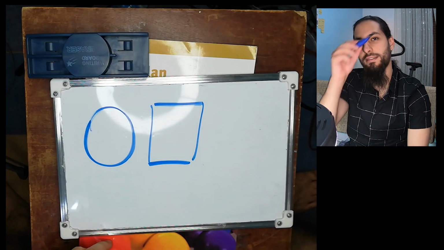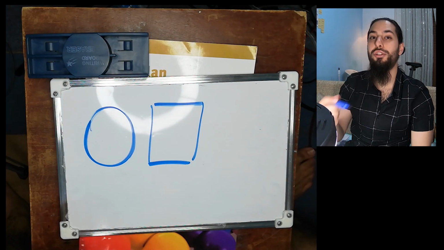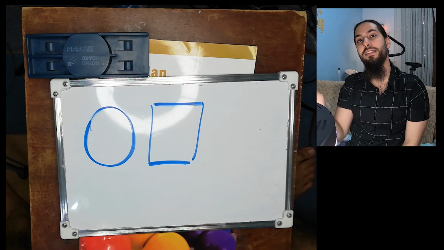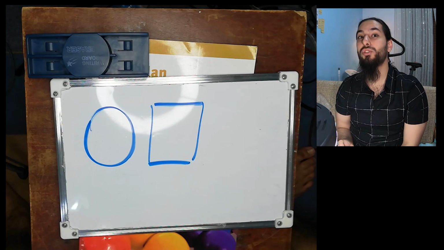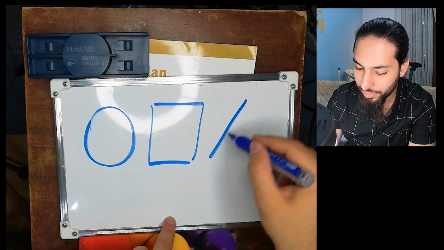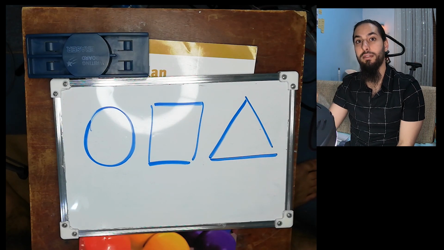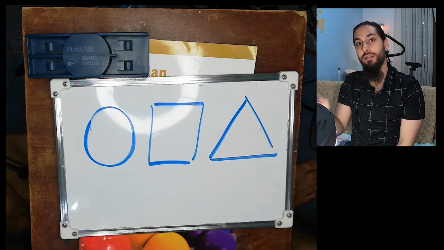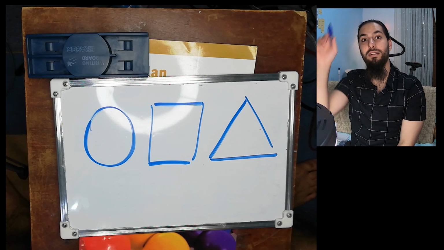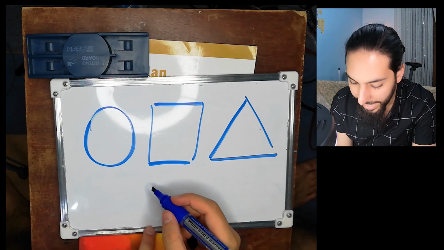Okay, here. What shape is this? Draw it in the air with me. Let's go. Like this. Square. Okay, last one. No, not the last one, but what's this one? Triangle. Triangle. And here's the last one.